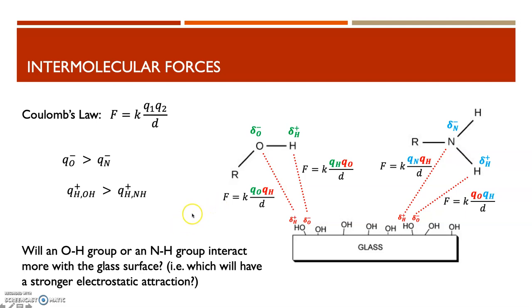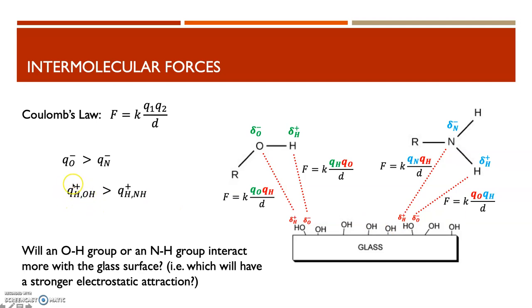All right, if you think about it, because the charge on my oxygen here is greater than the charge on my nitrogen, that means that this force between my hydroxyl group and my surface is going to be greater than my amino group and my surface.